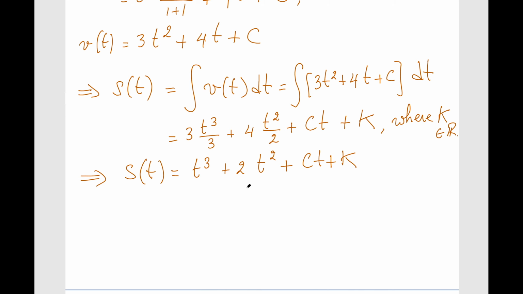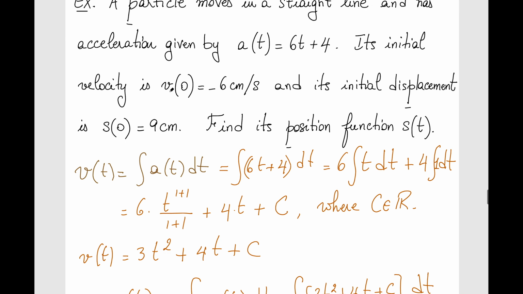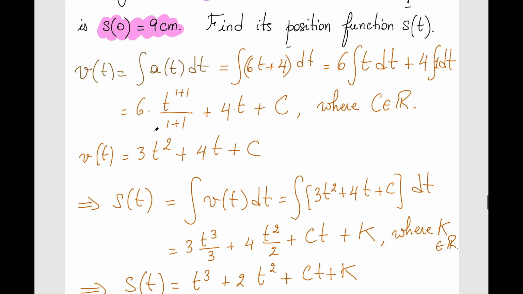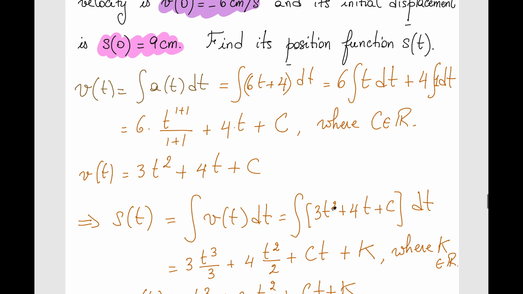Make sense? All right. They gave us, however, these two conditions. This and this. Correct? We're going to use them. As you may guess, we're going to figure out what c and k are. Make sense?